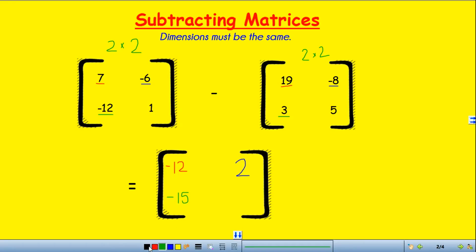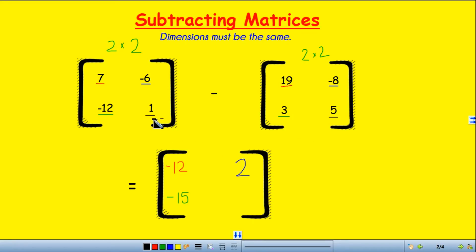So let's look at the last one. We have 1, which is located in the second row, and it's the last number in the row, and it's located in the second column, and it is the bottom number in the second column. So when we're finding the corresponding number, we see that it's 5.